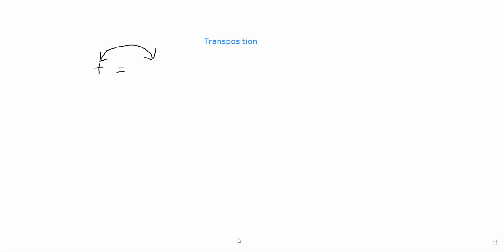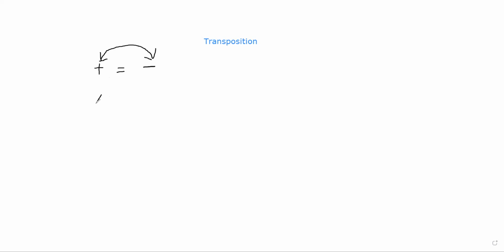I'm adding, so negative. Yeah, subtract. It becomes a negative, or we say we need to subtract. Again, if I'm subtracting on one side and take it over, it becomes add, right?